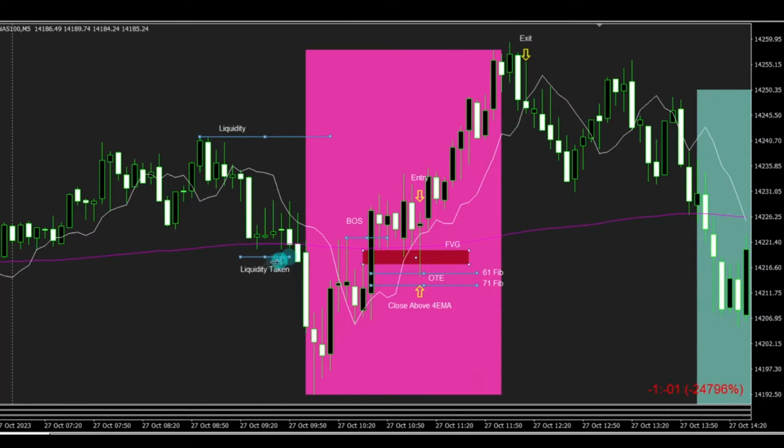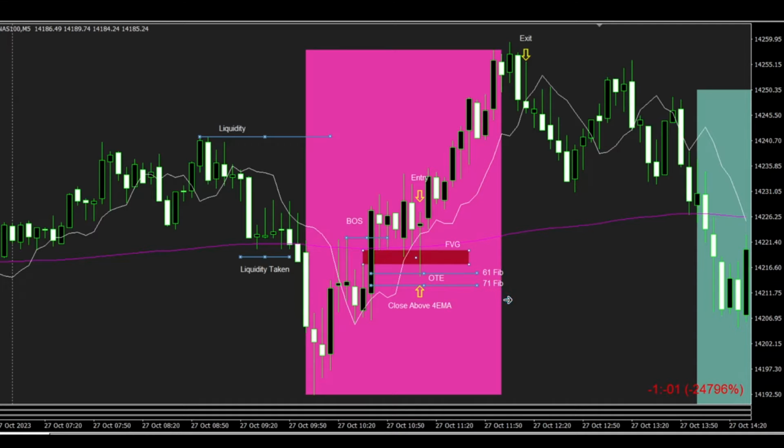Here is where we see the ICT entries using the 4-period EMA with a shift of 4. The white moving average is the 4-period EMA. Liquidity was taken, structure was broken, price retraced into an optimal trade entry between the 61 and 71 fib retracement.